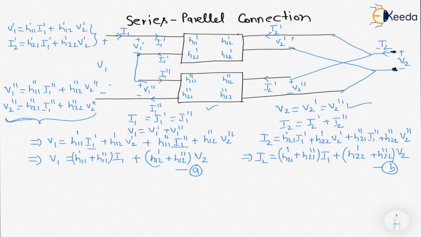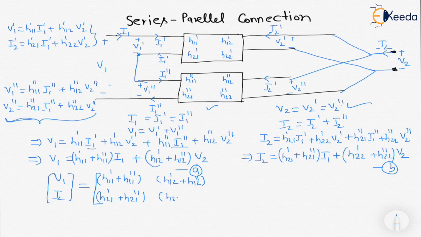From both equations we can write clearly in terms of a matrix: V1 and I2 is equal to the matrix H11 dash plus H11 double dash, H12 dash plus H12 double dash, H21 dash plus H21 double dash, H22 dash plus H22 double dash, times I1 and V2.